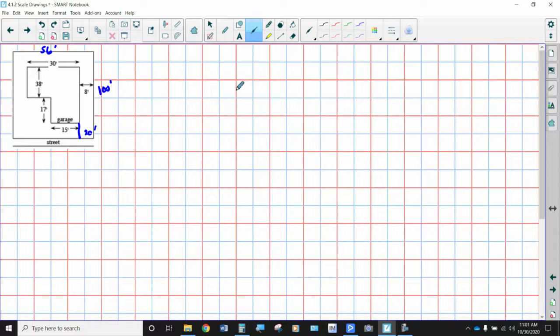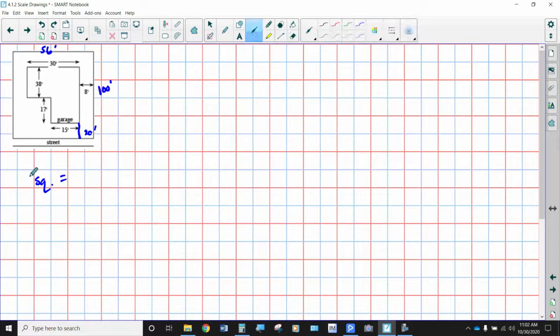And if you've got one that's 4 squares per inch, that actually might help quite a bit. What we need to do is draw this lot so it's proportional. And so if we say 4 squares or 4 units is equal to 1 foot, no, that's not going to work. That means we're going to have 400 of these squares to make that go in that direction. So no, that is not going to work.